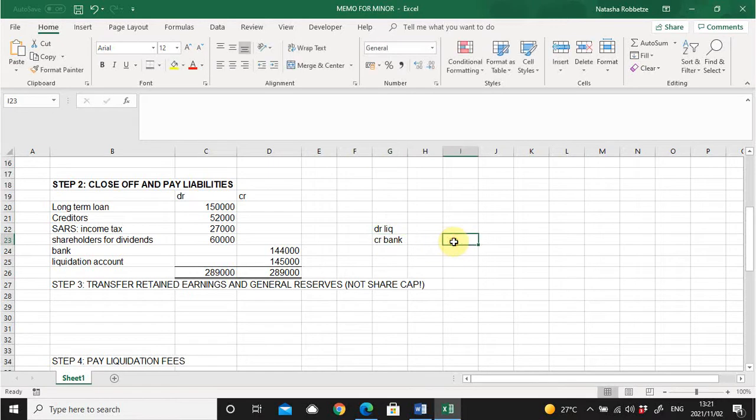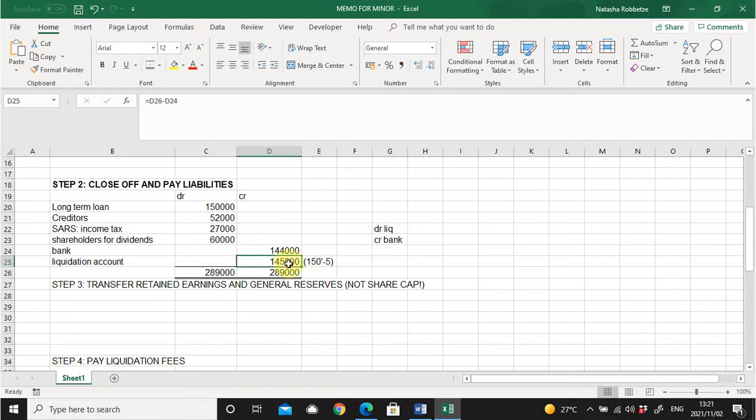But now that we have credited the bank with the 5,000 because it's also included here, the liquidation account balance that we've calculated here does automatically exclude the 5,000. So it would be the 150,000 long-term loan minus the 5,000. So this 145 is made up of the 150,000, because that's an amount that we did not pay off because it's been taken over, minus the 5,000 of the creditors.